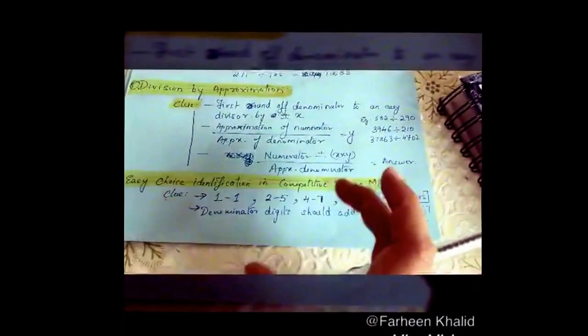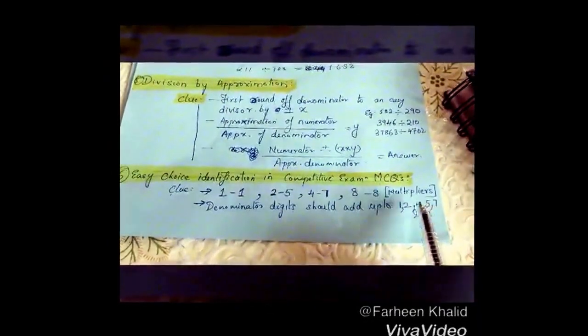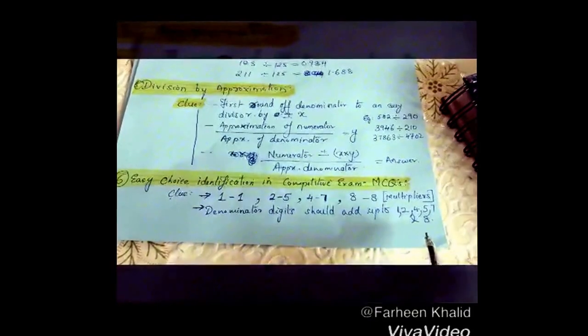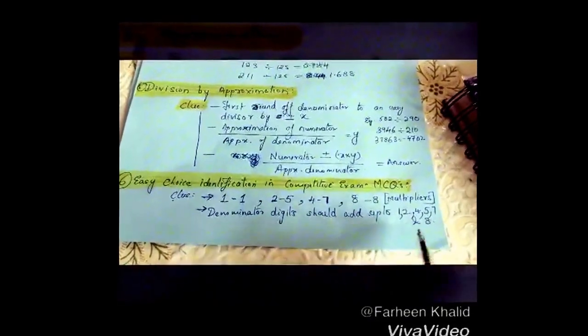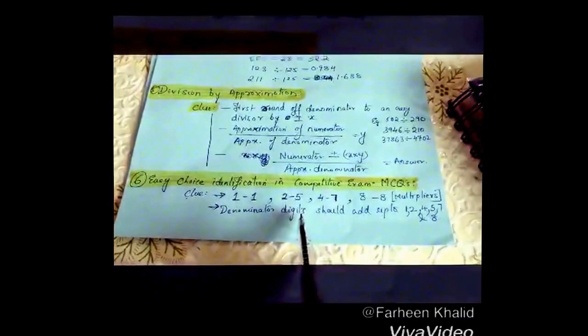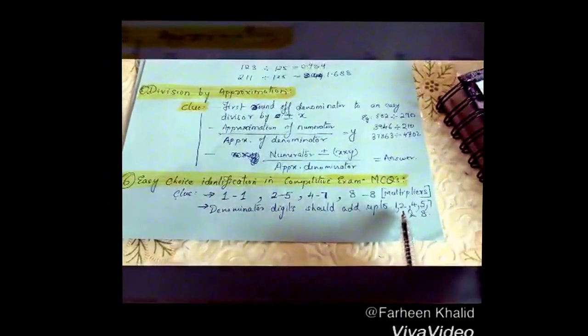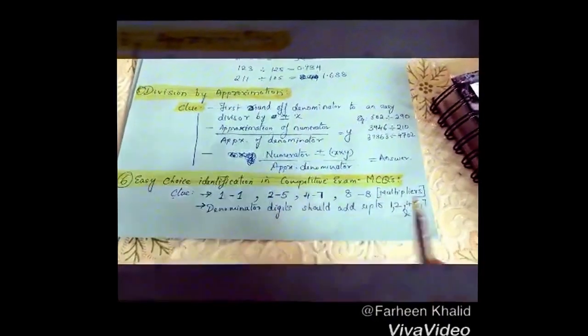If the digits are added and you do not get a 1, 2, 4, 5, 7 or 8, and if you get a 3 or a 6 or a 9, then this procedure is not possible. So what you have to do first is check your denominator. If the digits are adding up to these, then we go ahead with this method.